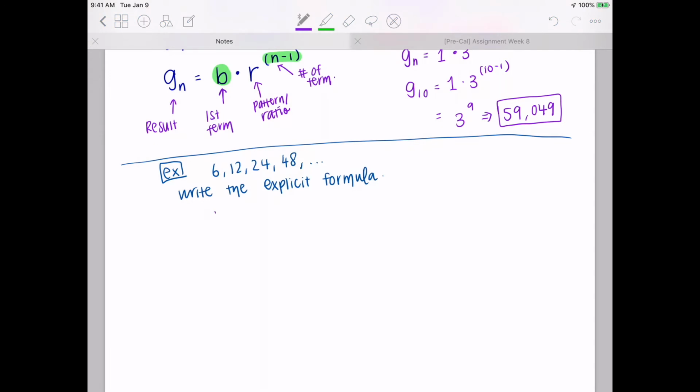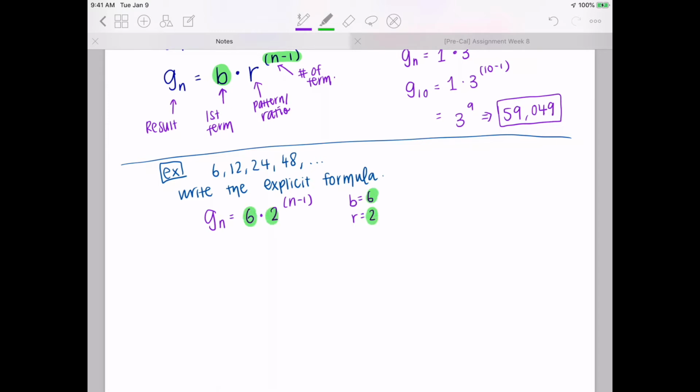Okay, it would be g sub n equals 6 times, the pattern is 2, to the n minus 1. Okay, keep in mind we cannot multiply our 6 and 2 together because the 2 has exponents. Whatever it is, you've got to figure out what the exponent is, perform the exponent, and then we multiply by the 6. Okay, so our b in this case is 6 and our r in this case is 2. That's how we got the answer.